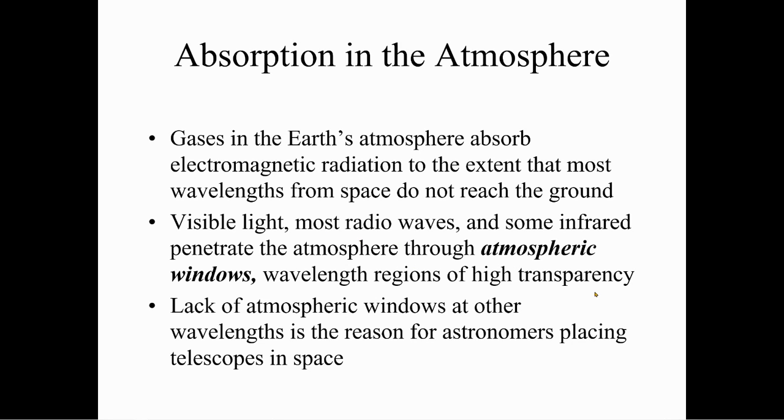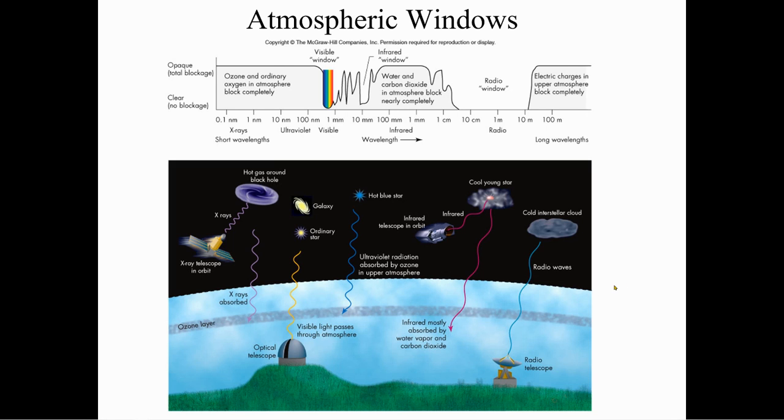Visible light, most radio waves, and some infrared penetrate the atmosphere through an atmospheric window, a wavelength region of high transparency. The lack of atmospheric windows at other wavelengths is the reason astronomers place telescopes in space.